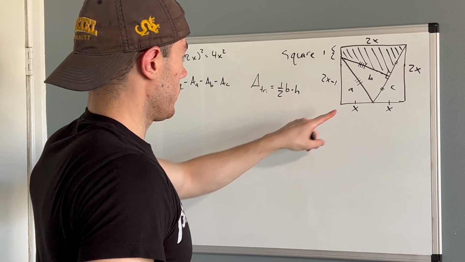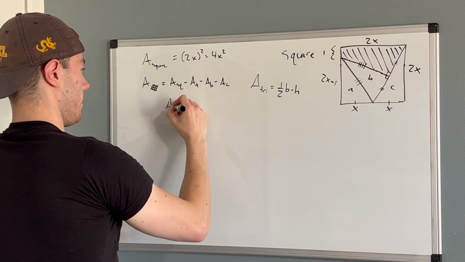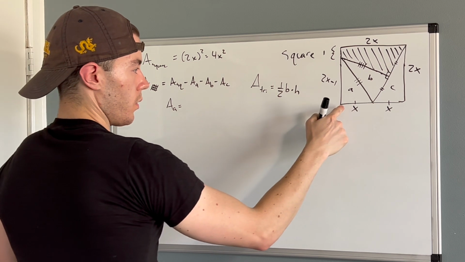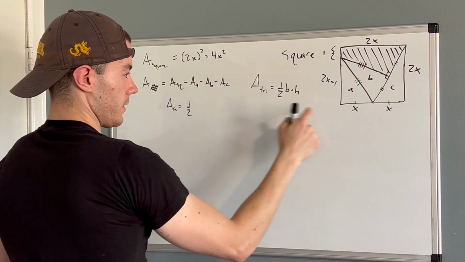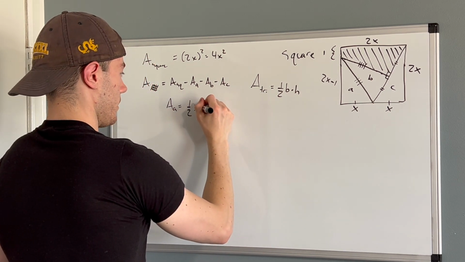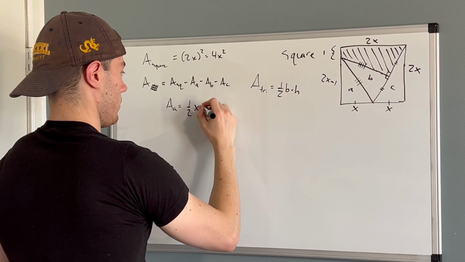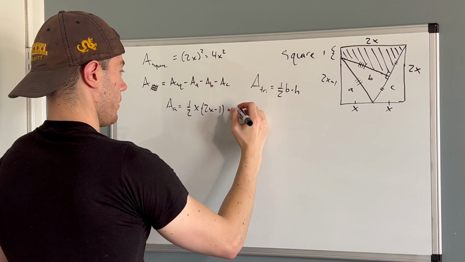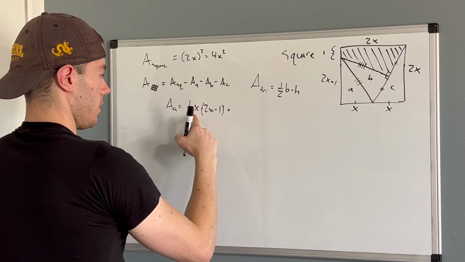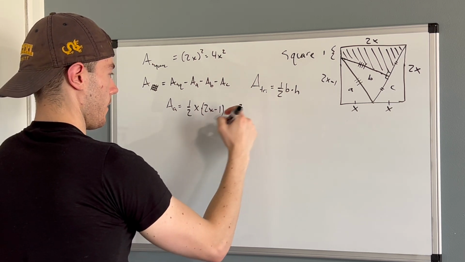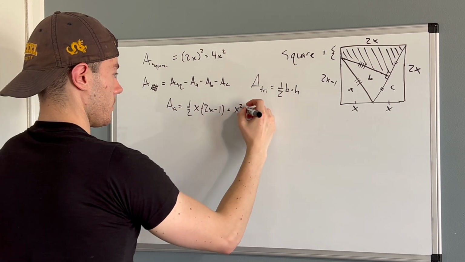So let's do the area of A is equal to 1/2. The length of the base is x, and the height is 2x minus 1. So the area of A is equal to x squared minus x over 2.